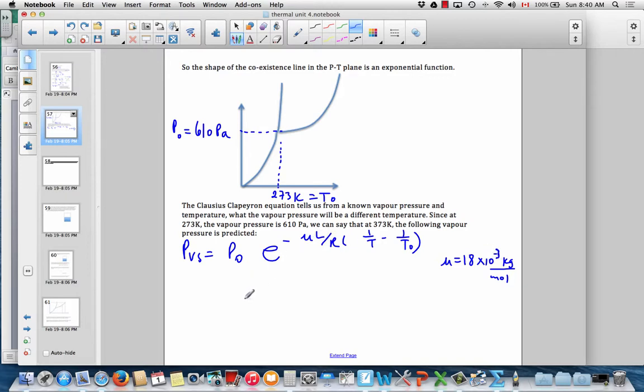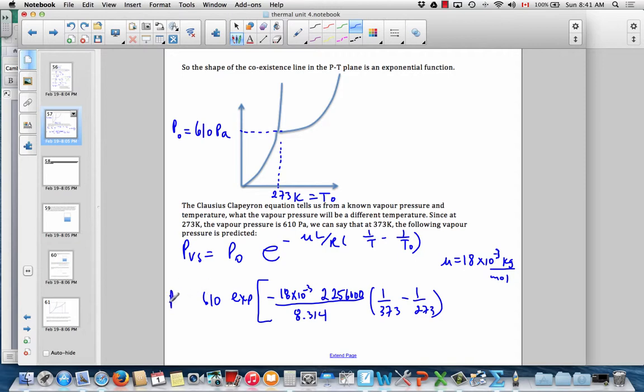And so we're going to do this in the EXP format. L is the latent heat of vaporization. That's 2,256,000 joules to vaporize a kilogram. And we divide by the ideal gas constant, 8.314 joules per mole Kelvin. The temperature that we're trying to find is 373. Our reference point is 273 and a vapor pressure of 610 pascals.